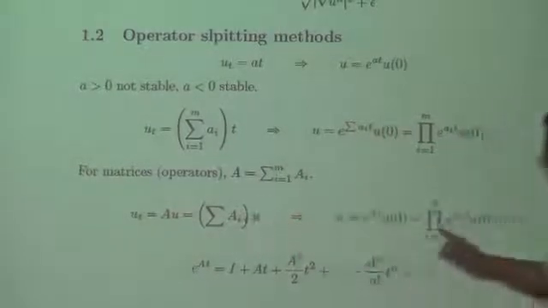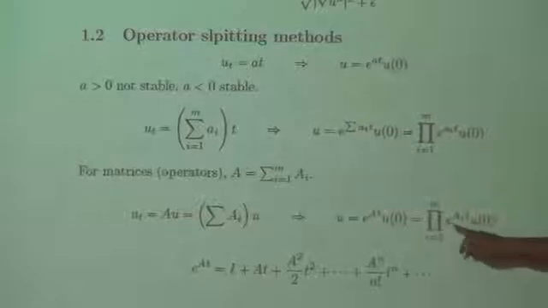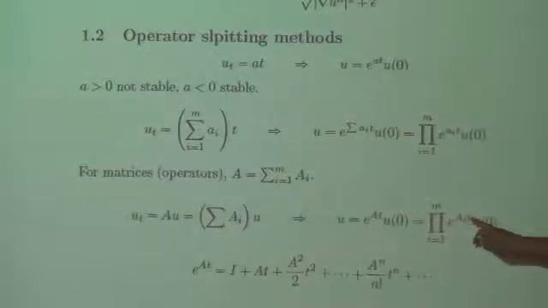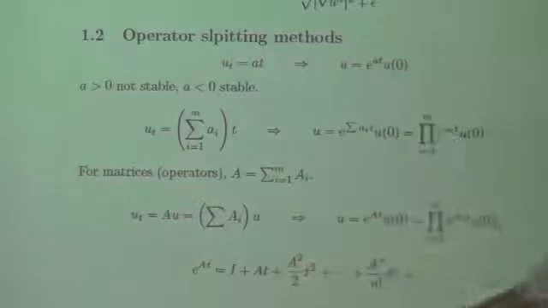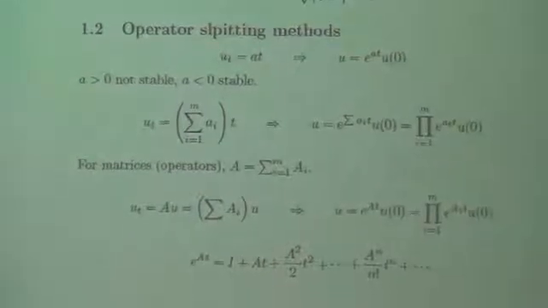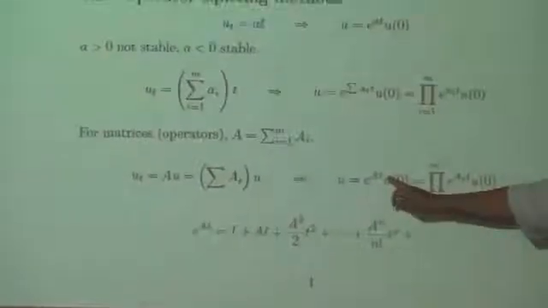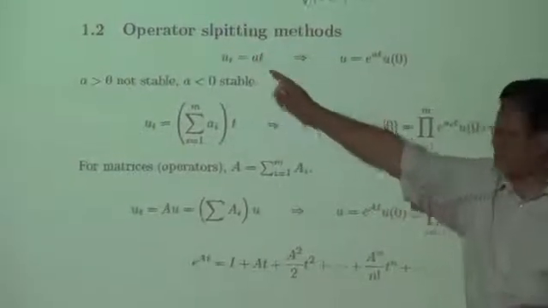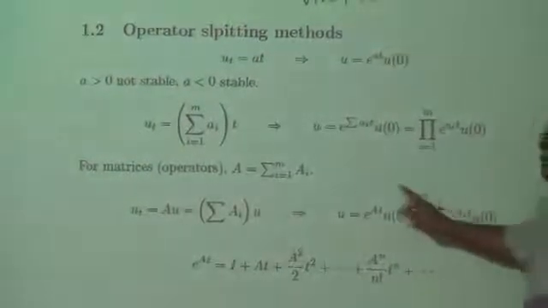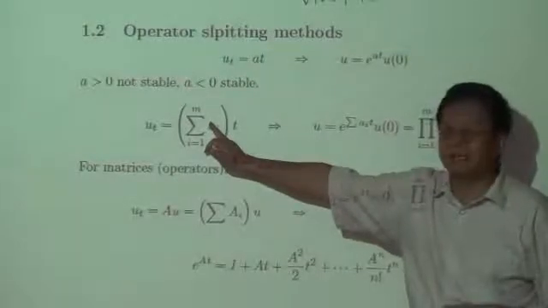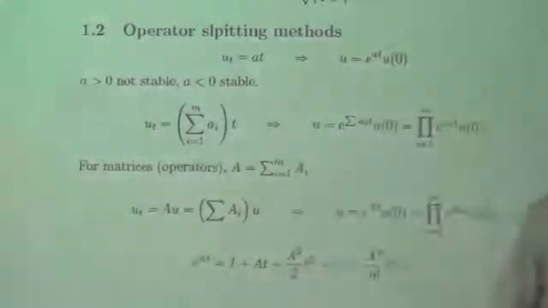And for the subproblems, the solution will be this one. And here, the exponential of a matrix, you can explain it this way. So this will be the solution for this one if you replace this by A. So this will be the solution for this one if you replace those by the matrices Ai.